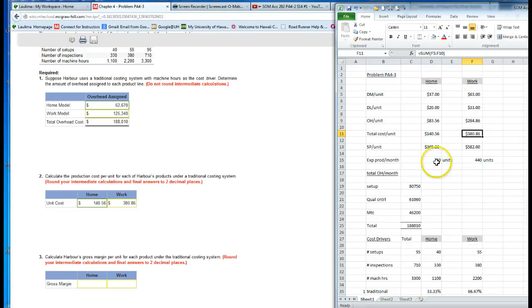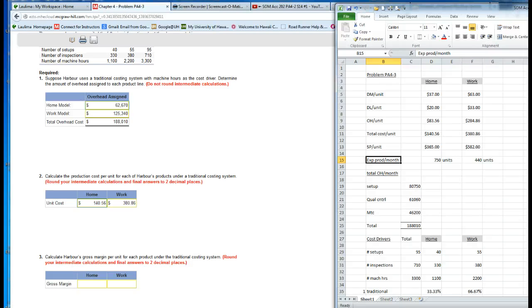And so our gross margin would be our selling price per unit less our total cost per unit. And let's see if that's going to work for us.